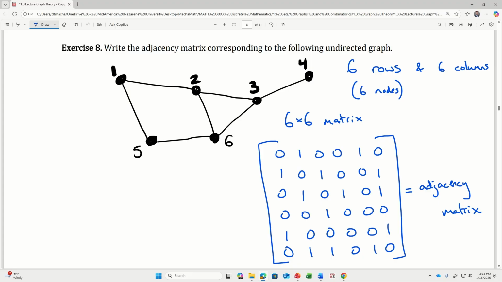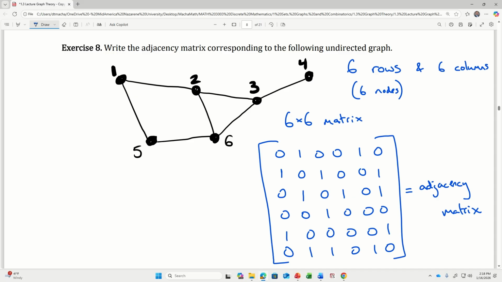You could also do this in the reverse direction, where if you give any symmetric matrix with only zeros and ones, then you should be able to recreate an undirected graph that represents the adjacency matrix that you just randomly came up with.